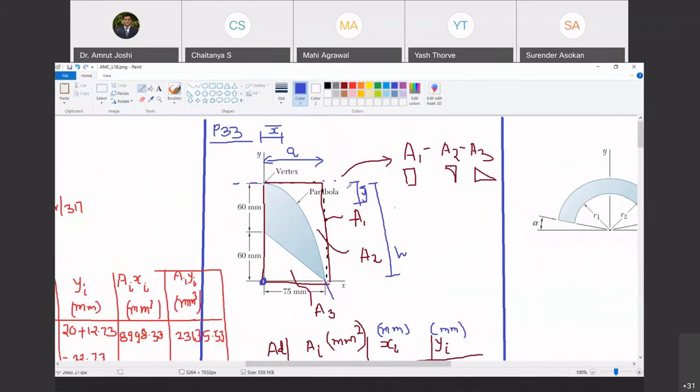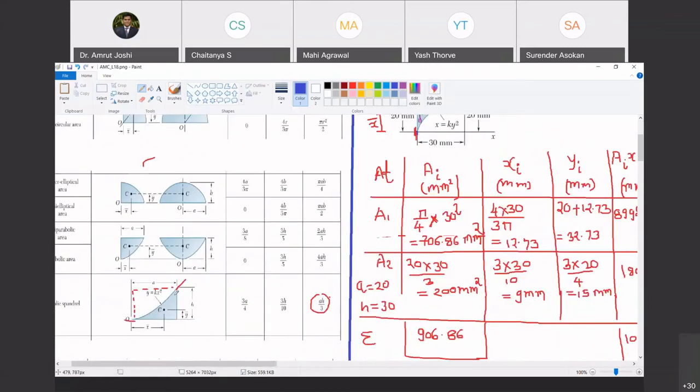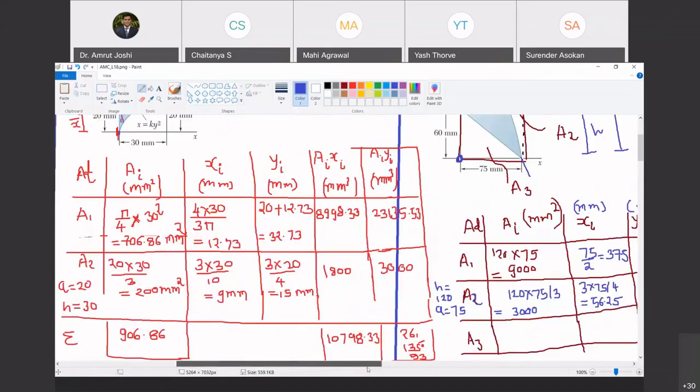And what is the value of yi? Yi is going to be y bar here, but we have to measure it from origin. So it is going to be 120 minus y bar. And what is the value of y bar? Y bar is 3h by 10. Do you agree with me? Yes, sir.